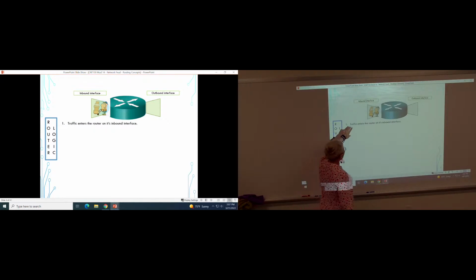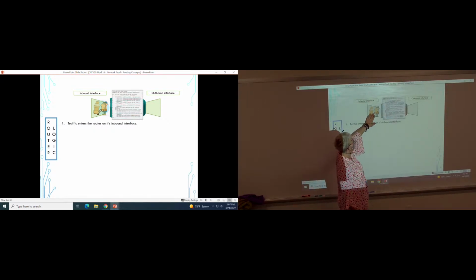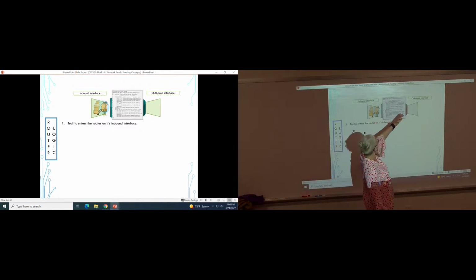It looks at the route table, right? So the traffic enters the router on the inbound interface, it looks to see what the destination is, and then it checks its route table to see, do I have a destination route in my IP route table, okay? So if it sees the destination in there, then what does it do? It sends it out the outbound interface, right?